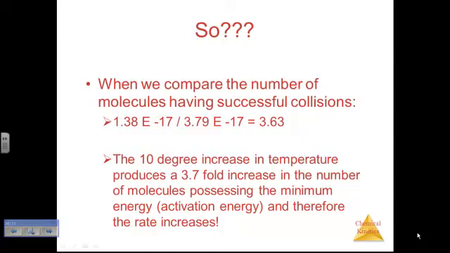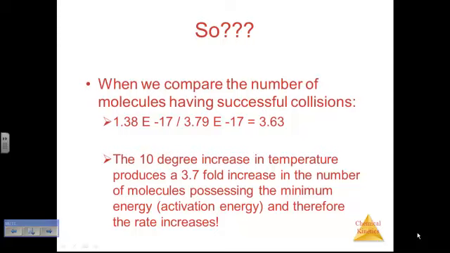I have a mistake on the slide I'm seeing right away. Please fix this with me. It says when we compare the number of molecules having successful collisions, the answer the first time, 1.38 E negative 17, but we divide that by the answer from 300 Kelvin, 3.79 E negative 18.